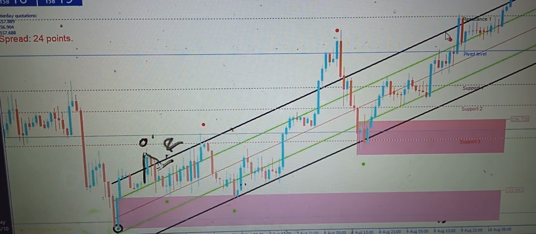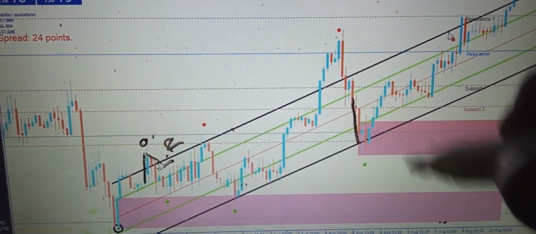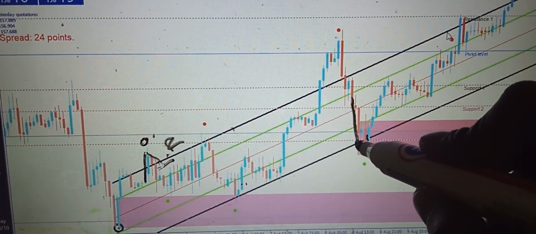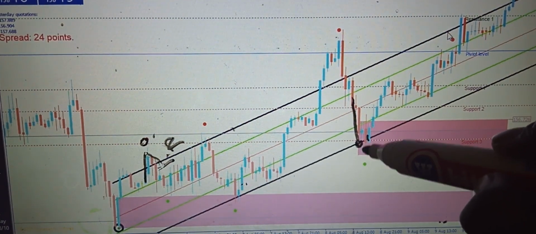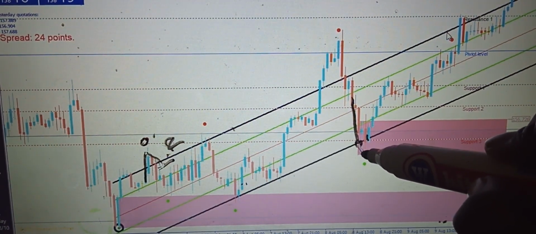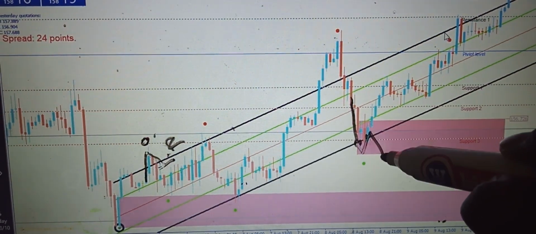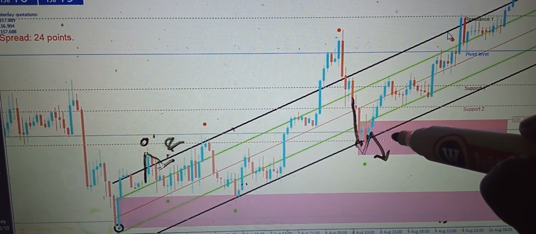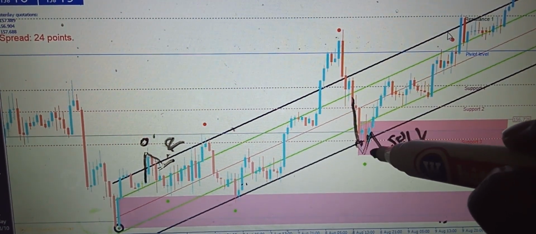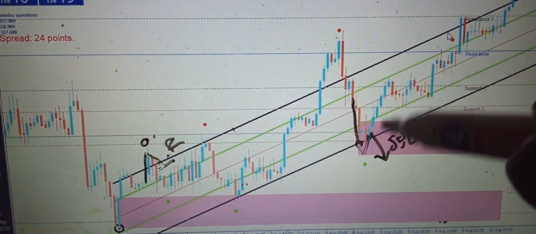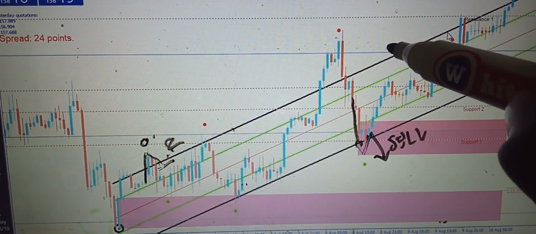Also right here, if the market comes to the support level and you automatically buy from this level, it is possible that the market can retest the support level and then close below, of which now we are going to sell. If this happens, it simply means the trend is broken. Now we no longer have an uptrend, but a downtrend.